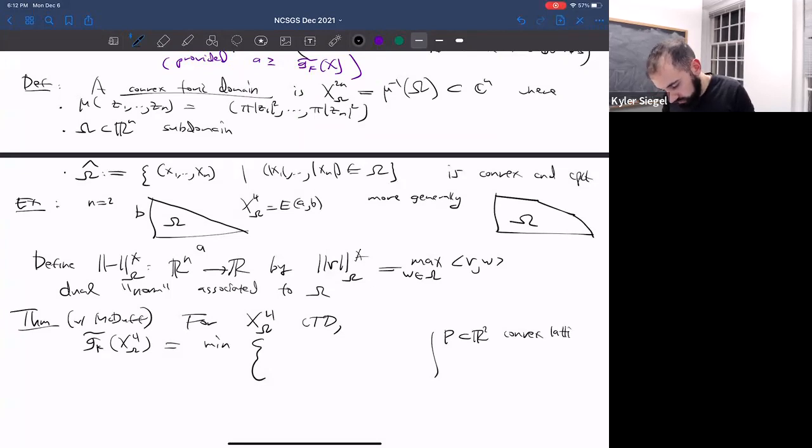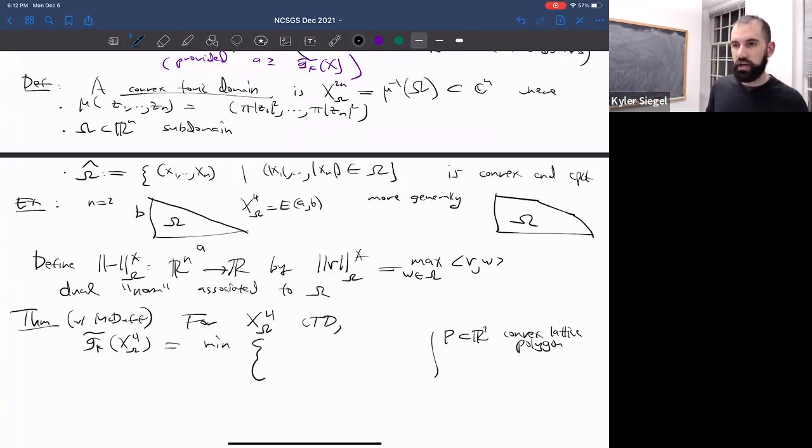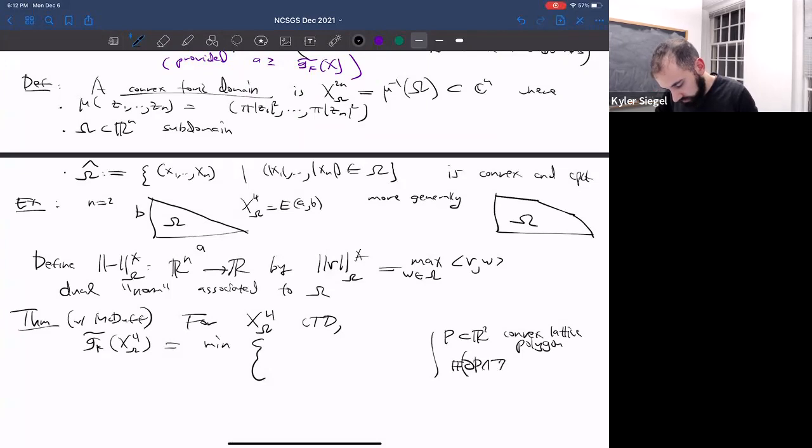So convex polygons in R2, where the vertices are integer lattice points, such that the number of lattice points along the boundary is k plus 1. And then we look for the polygon like that which has minimum length, where length is measured with respect to this kind of norm.